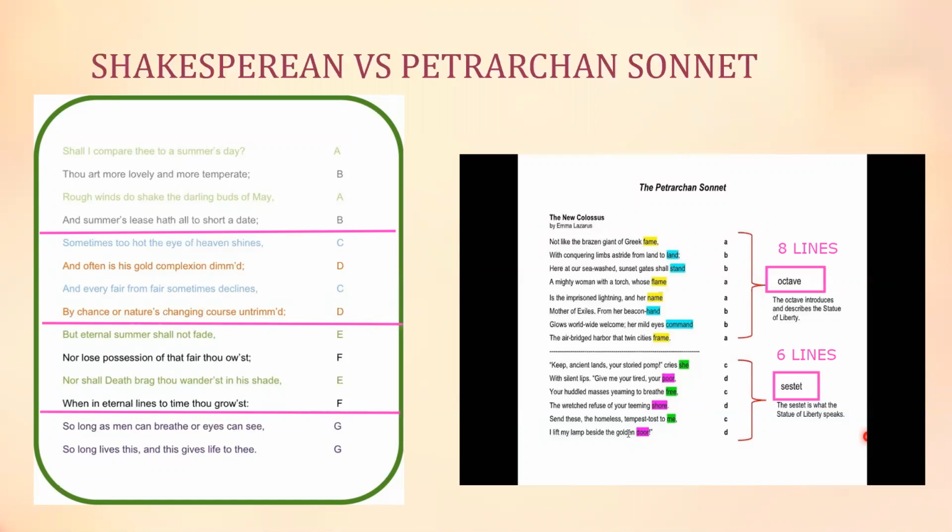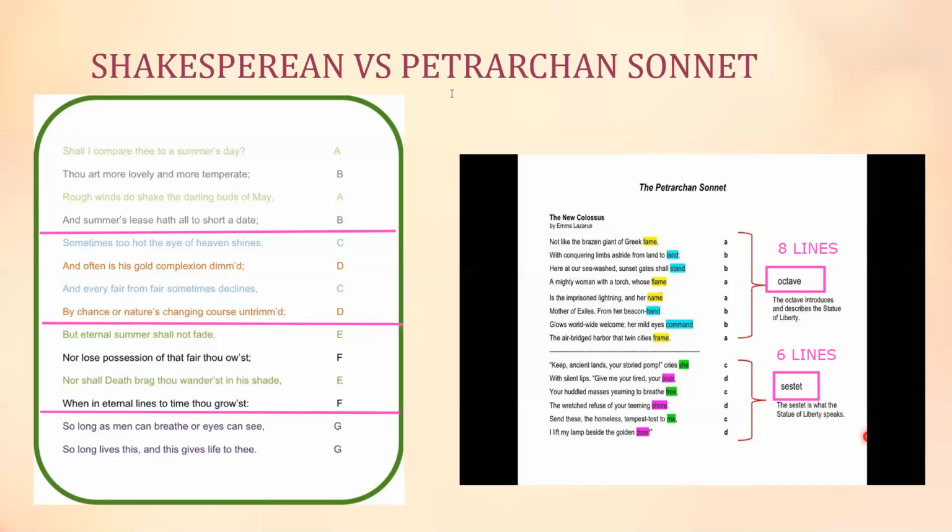In our next stanza, we see that we have C, D, C, D, C, D. So now it follows the same structure as a Shakespearean sonnet where every second line rhymes with each other. So she rhymes with free and me, and poor rhymes with shore and door. Got it.